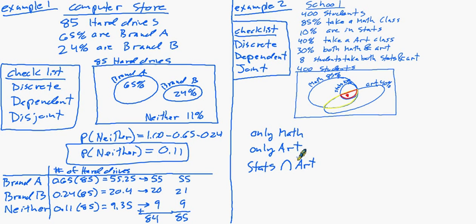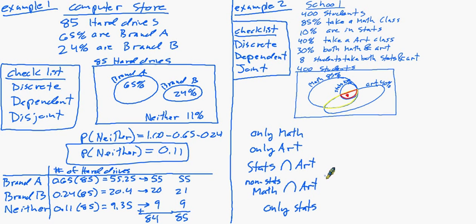I like using this instead of, some people just say stats and art. We've talked about and or, and we have multiplication rules and things like that, which don't entirely apply to this. This isn't what we're really talking about when we say the word and. So intersection, I think, is a little bit more clear. It makes it so that people don't start throwing in the multiplication rule in strange places.